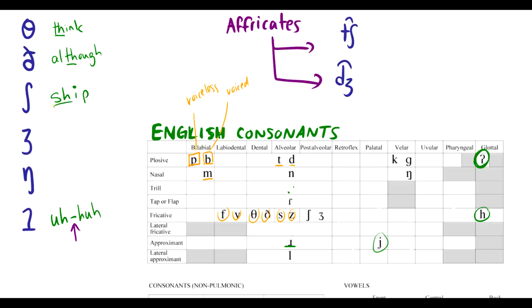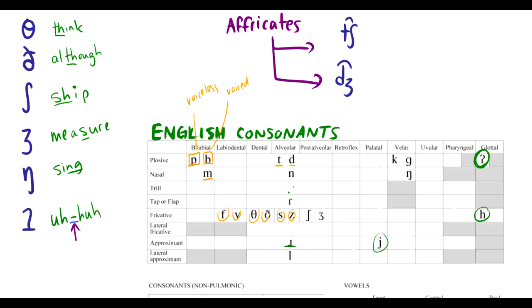This zh sound is the same sound in measure. This ng in sing, and of course this sound in the dash. I made the sound there, so if you can hear it, something's wrong. But those are a little bit of the trickier symbols to memorize. The other ones I think are pretty straightforward to memorize.